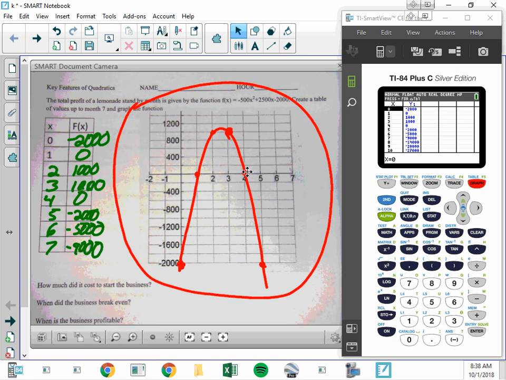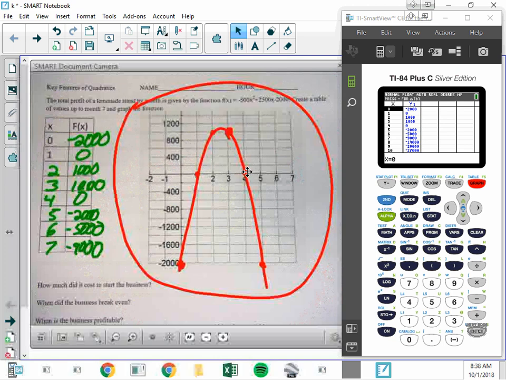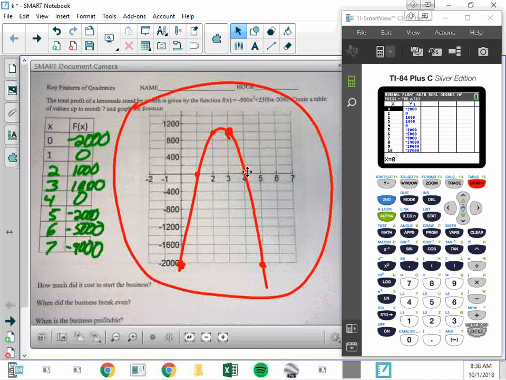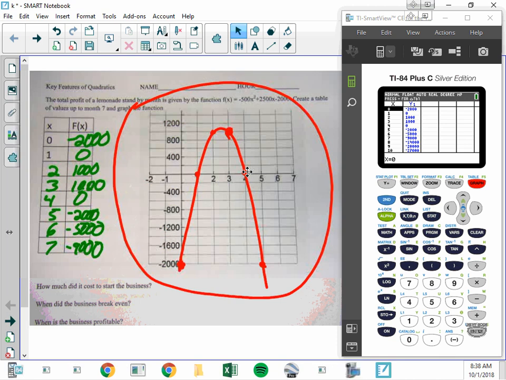So any point out there tells you how far into the company we are and how much money the company has made overall. It's not how much they made in a particular month, it's how much they have made up to that point. Okay, so the first question asks, how much did it cost to start the business?